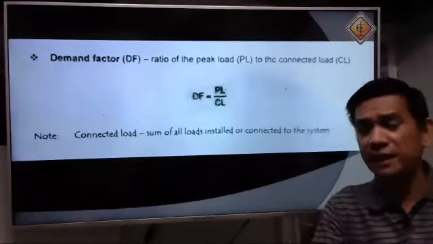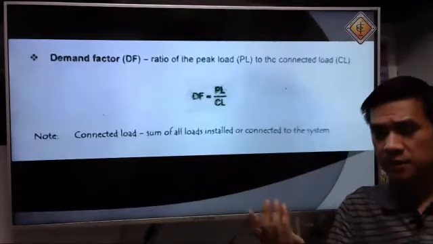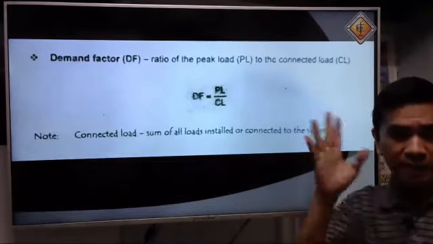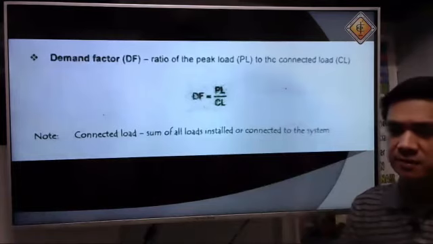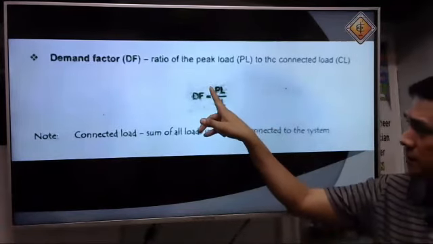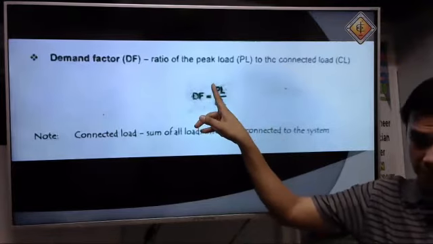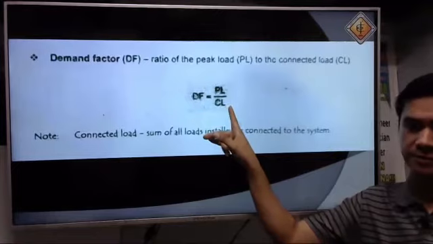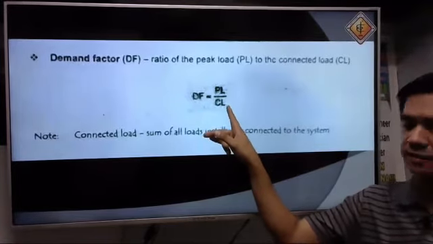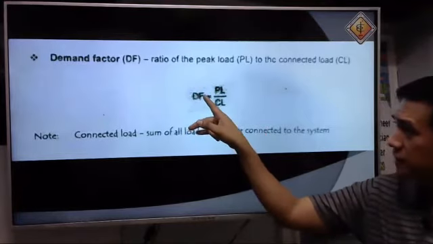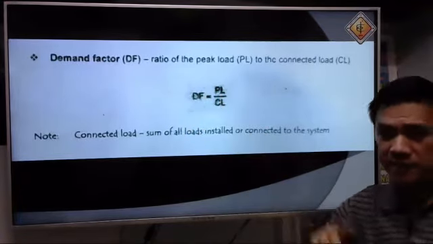If that is expressed in energy, in kilowatt hour, it can be calculated. Anyway, the energy is just power times time. So you can have the maximum kilowatt or kilowatt hour divided by the total connected kilowatt hour. Energy or power, you can make use of this formula. The demand factor is the ratio of the peak load to the connected load.